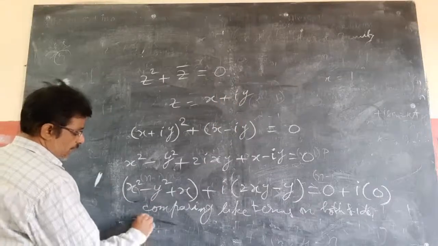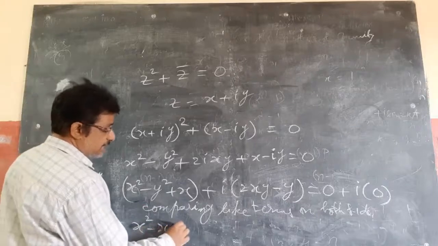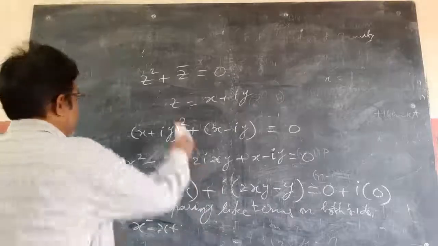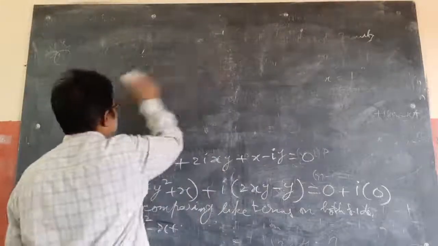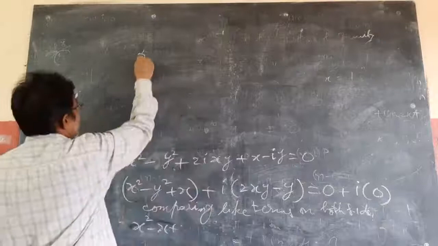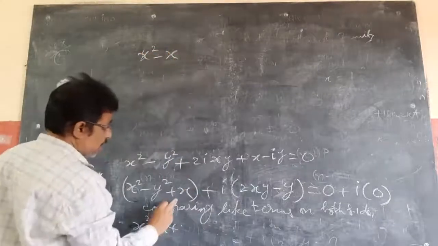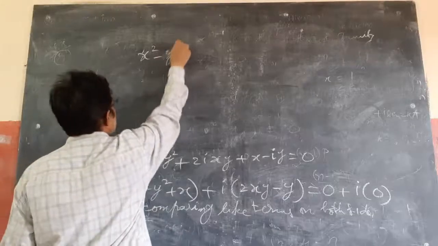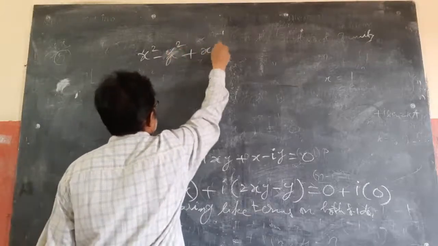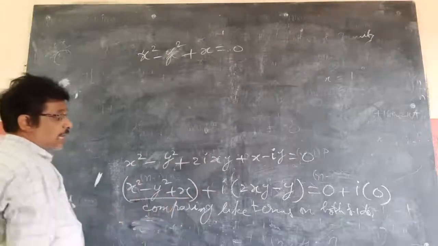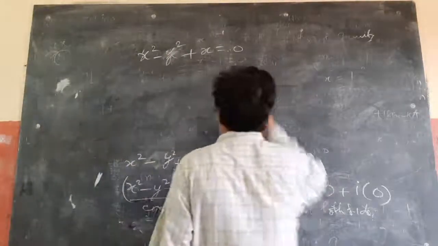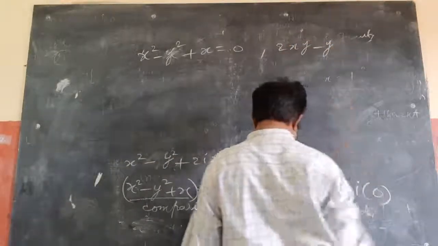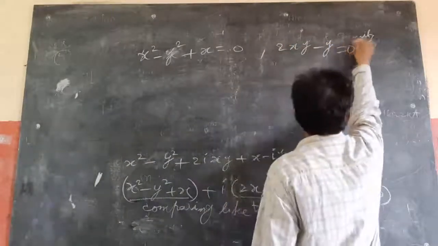So real part equal to 0 and imaginary part equal to 0 separately. If I compare like terms directly, I will get x square minus y square plus x equal to 0, real part equal to 0, and then imaginary part, 2xy minus y equal to 0.